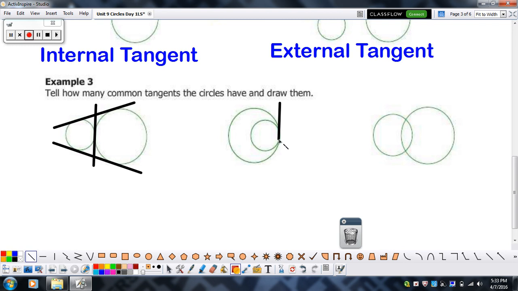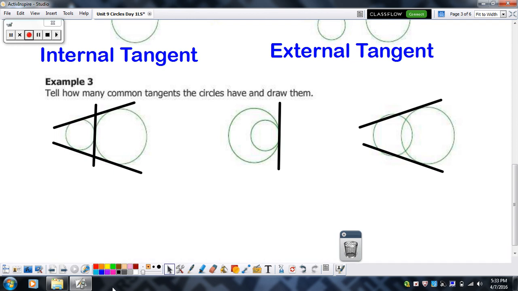So now I can only draw 1 common tangent between the two circles. If my circles overlap, I can draw a common tangent on the outside, on both sides, but I can't draw one through the middle. It would intersect at 2 points this time. So now I only have 2 common tangents.